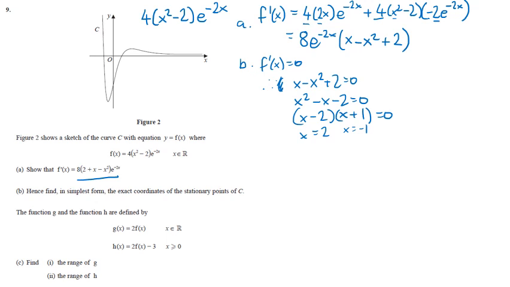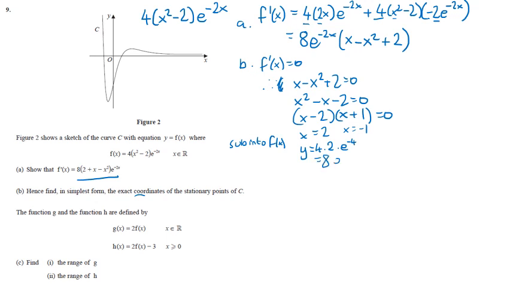And we want the coordinates, so not just the x values, but the y values as well. So we need to substitute these back into f of x. So y is equal to, for the first one, if x is equal to 2, 4 times 2 squared minus 2, which is 4 minus 2 is 2, times e to the minus 4.